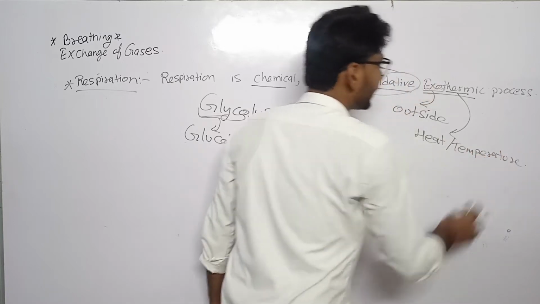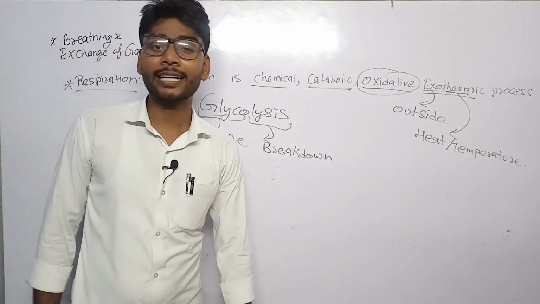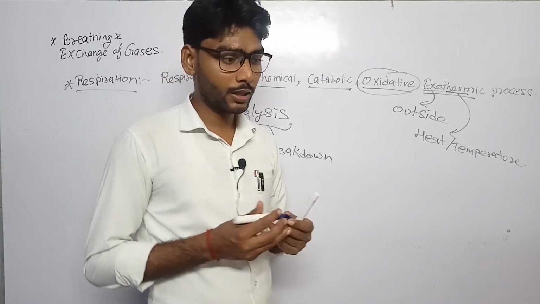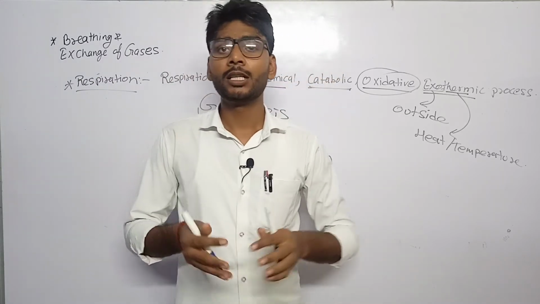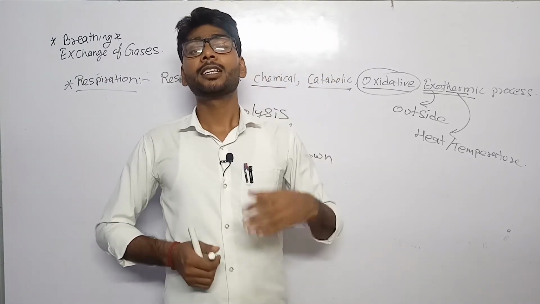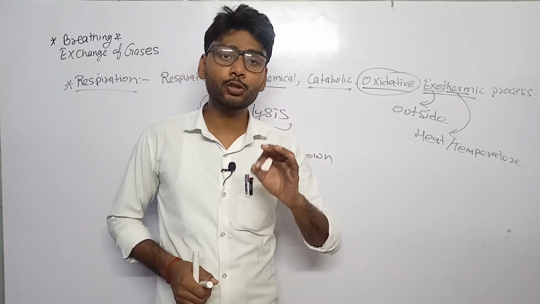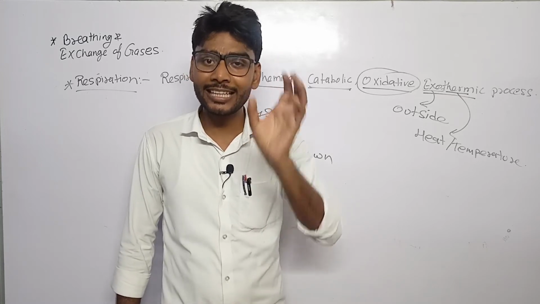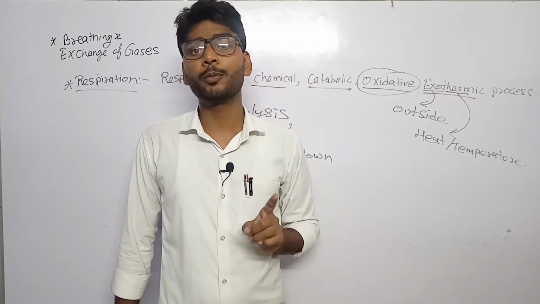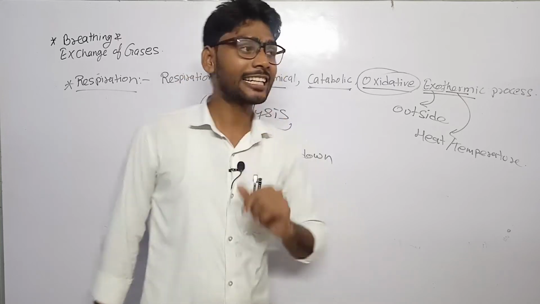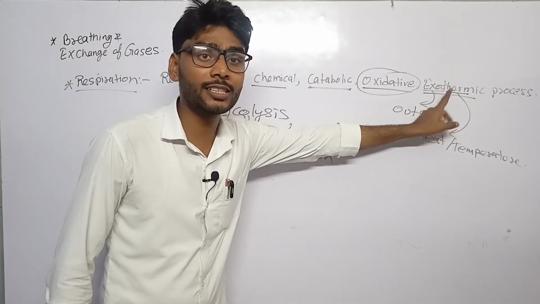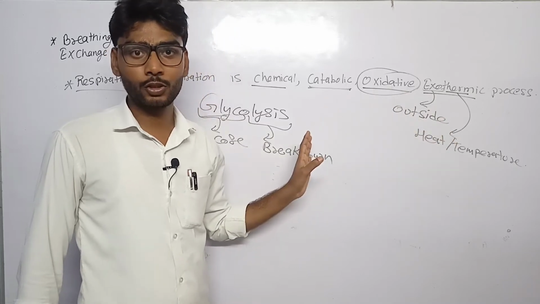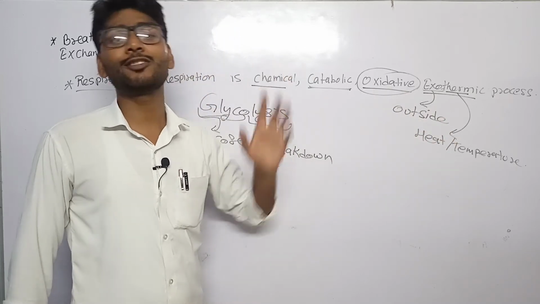Okay, heat or temperature. Sir, how can you prove that respiration is an exothermic process? Suppose many people are gathered in a room, then the temperature of that room gradually increases, just because all the persons present in that room are performing a common process called respiration, and respiration is an exothermic process, so heat is evolved from the body of all persons, so the temperature of that room gradually increases.